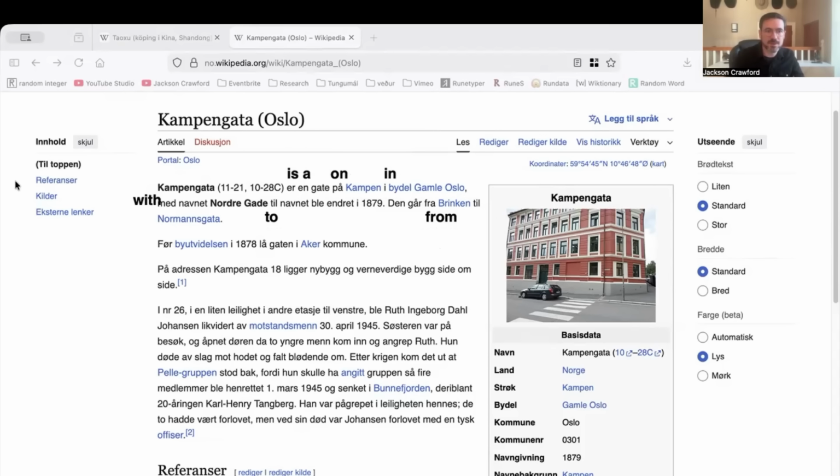Er means is. En or et with a T. En or et is a, an, depending on the gender of the word. På is on, i is in, med is with.